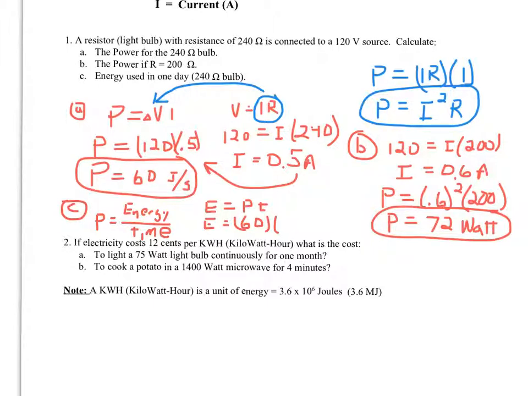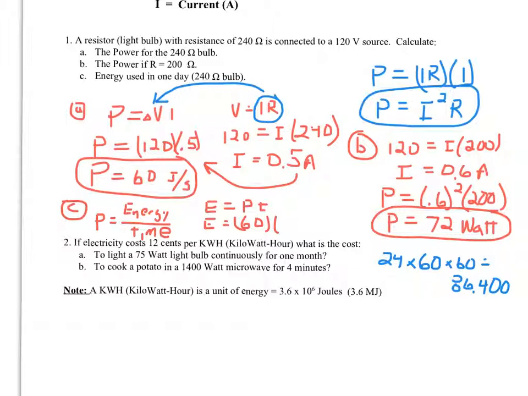I'll do it over here on the right in blue. I got 24 hours times 60 minutes in an hour times 60 seconds in a minute. That gives me a total of 86,400 seconds in 1 day.